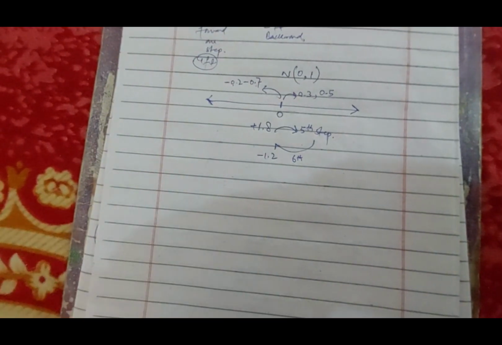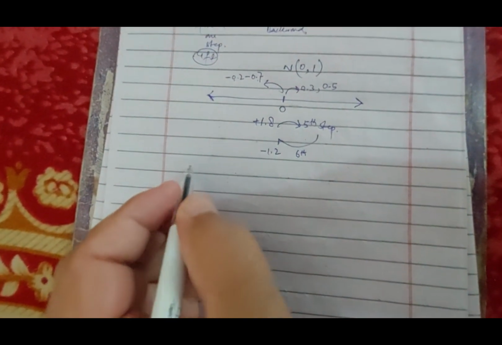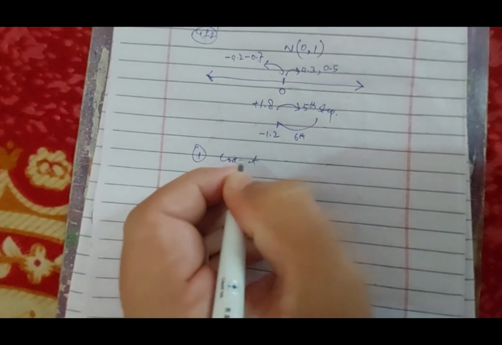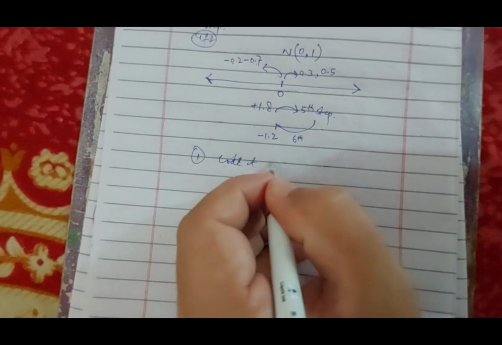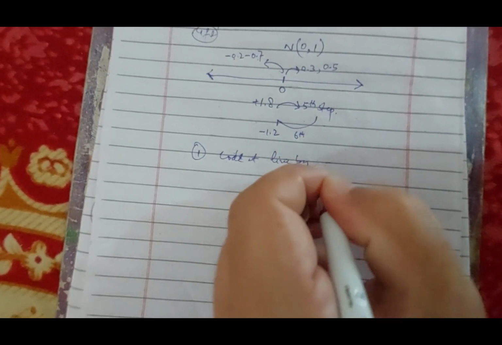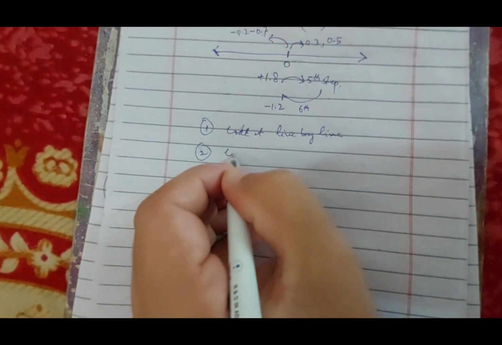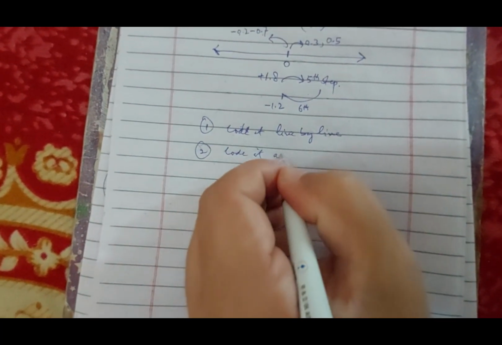Okay, we can code it in two ways. The very first method is to code it line by line, and the second method is to code it as a function.